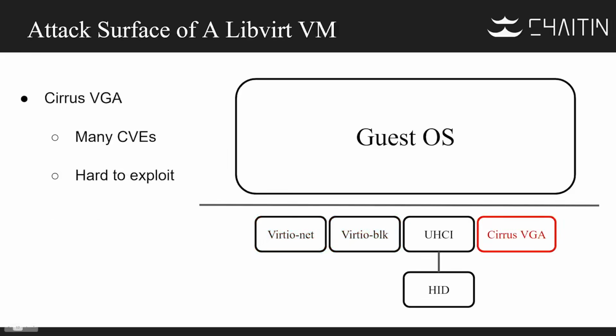There are some vulnerabilities found in Cirrus VGA, but most of them exist in the process of graphics-related memory operations on an independent continuous heap memory. It means that even if you get a heap overflow vulnerability, you are only able to crash the virtual machine.